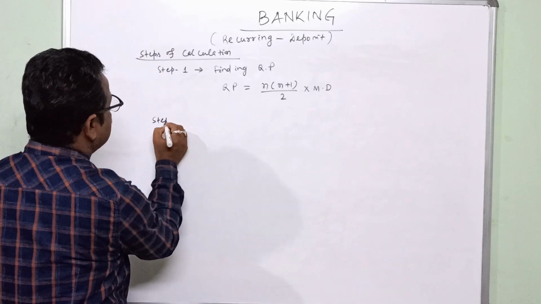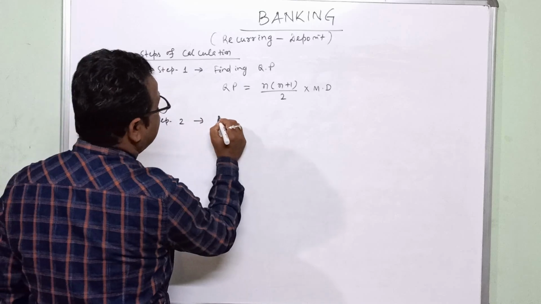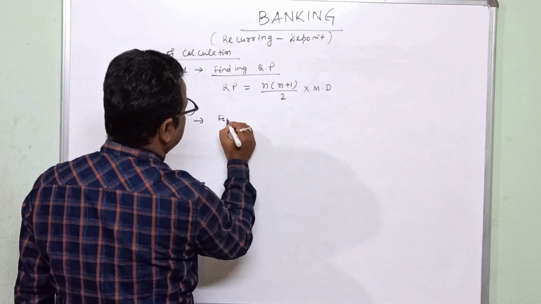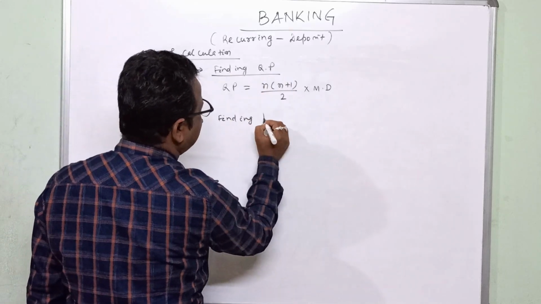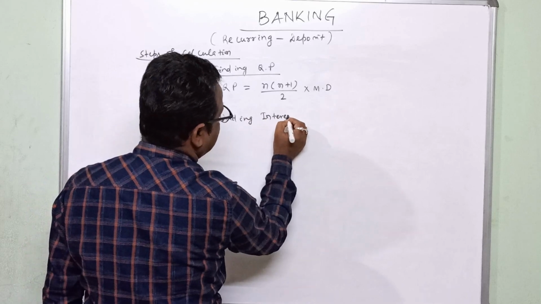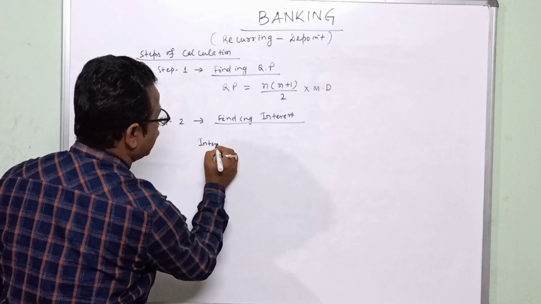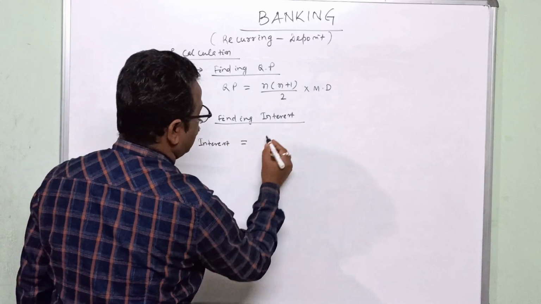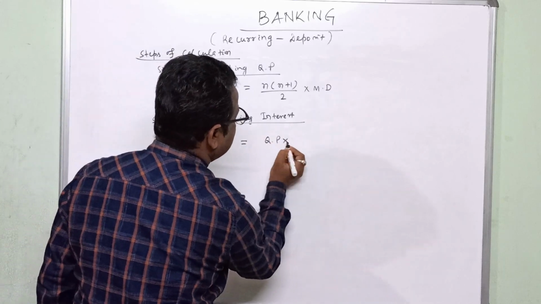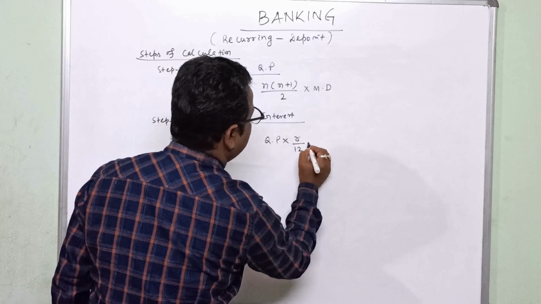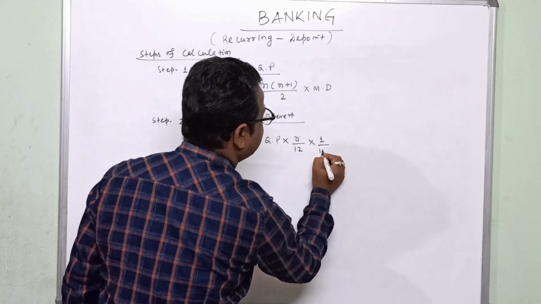In step 2, finding interest. So interest is equal to QP into R by 12 into 1 by 100.